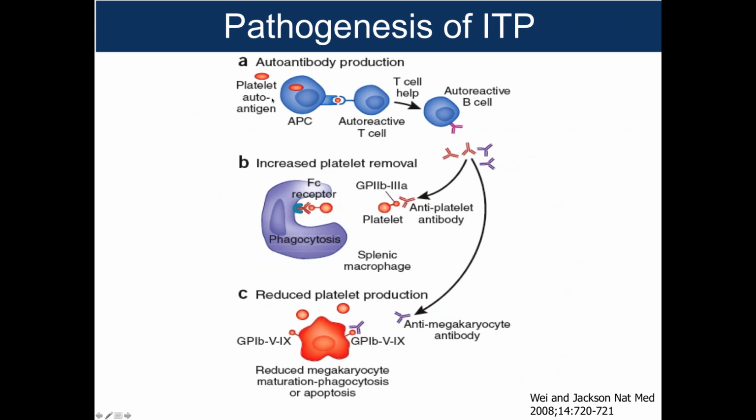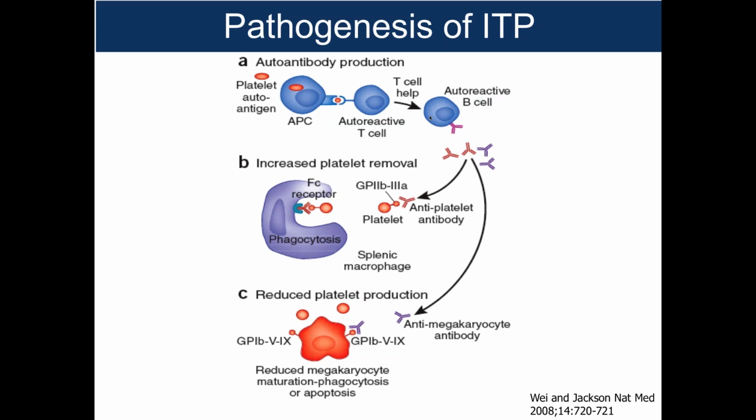So what we know is that we get platelet autoantigens that are presented by our antigen-presenting cells, and these interact with autoreactive T cells. Under normal conditions, these T cells would be removed. However, in ITP or other autoimmune conditions, they go on to create our T helper cells that interact with and stimulate our autoreactive B cells.